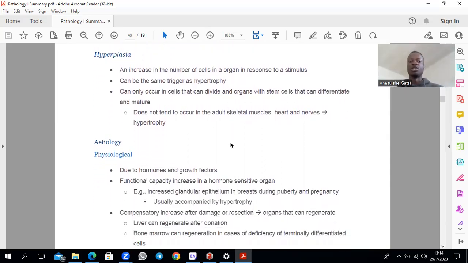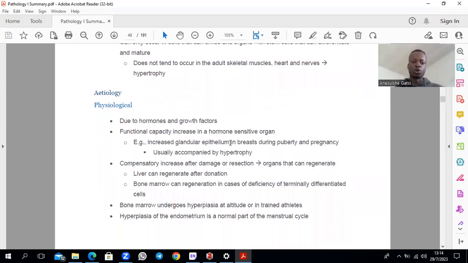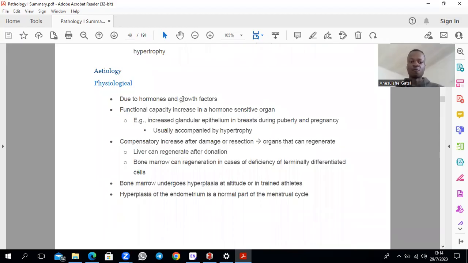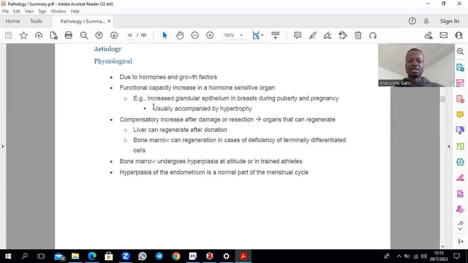Then the etiology can be physiological. For physiological, you have hormones and growth factors in play. For example, compensatory hyperplasia. You can see these examples here, but I'll use another example. Think about those people with a donated kidney, or you've done renal physiology before.